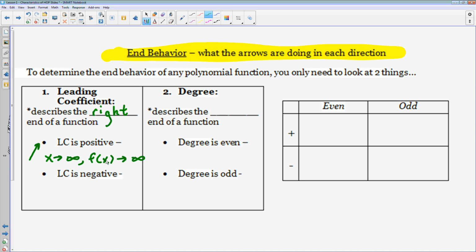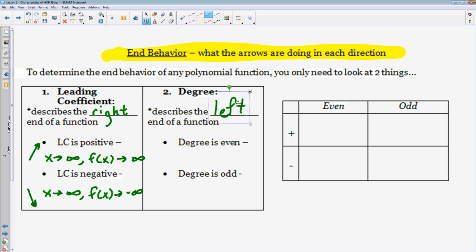All right, if our leading coefficient is negative, well, the opposite is going to happen. So on the right, we're going to be going down, okay? But because we're going to the right, x is still going to positive infinity, but f of x is now going to negative infinity. All right, degree describes what's happening on the left, okay?